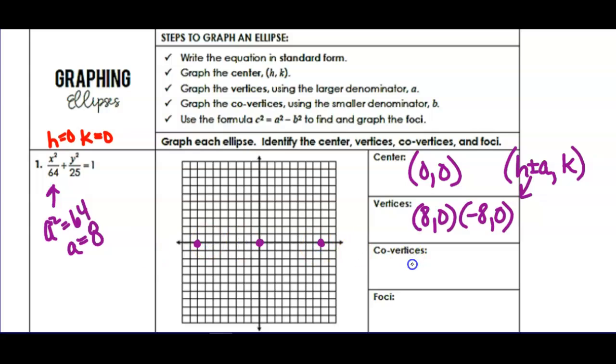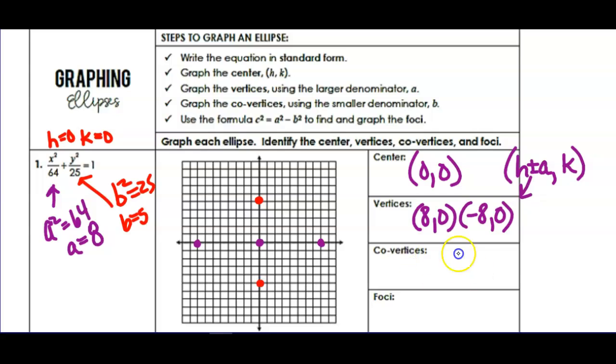All right. The co-vertices, I'll just use red still. B squared is 25, so B is 5. So we're going to go 5 up and 5 down.